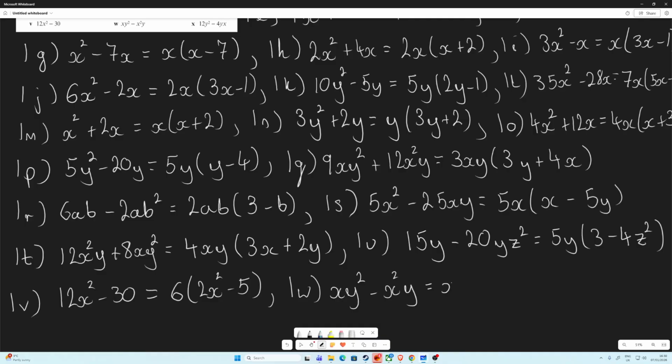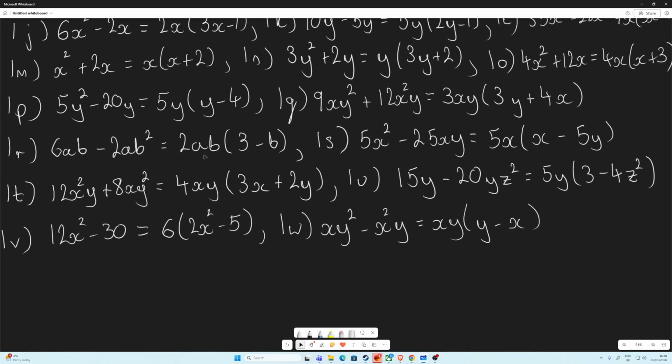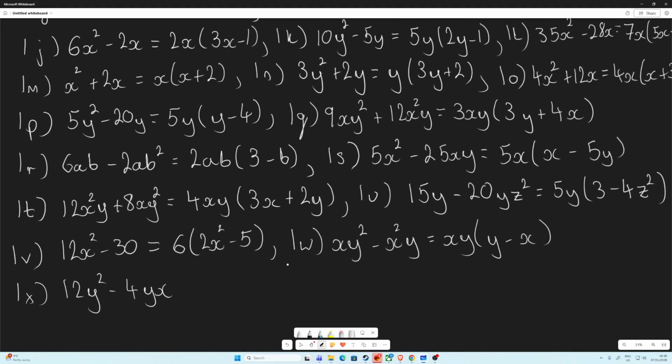We can take xy as a common factor, and we're left with y minus x. And finally, 12y squared minus 4yx. Is it 4x? Yes, it is. So we can take 4y as a common factor, and we're left with 3y minus x.